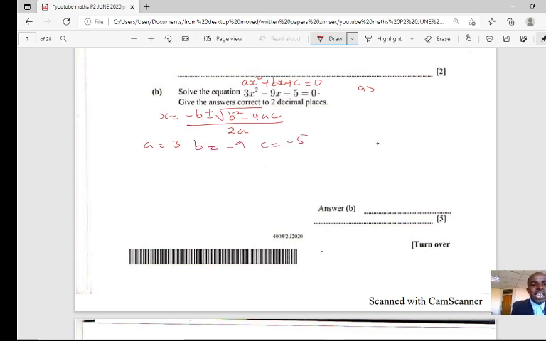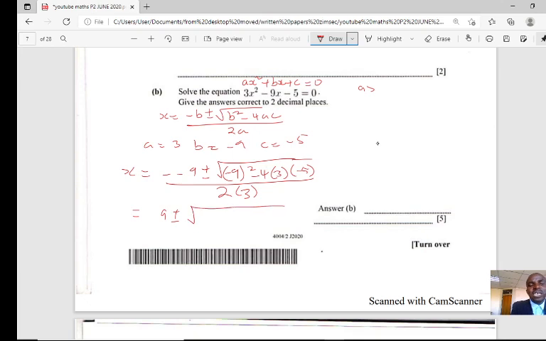Then you substitute. x is equal to minus b, b is minus 9, so it's plus 9, plus or minus the square root of minus 9 squared minus 4 times a, which is 3, times c, which is minus 5, all over 2 times 3.